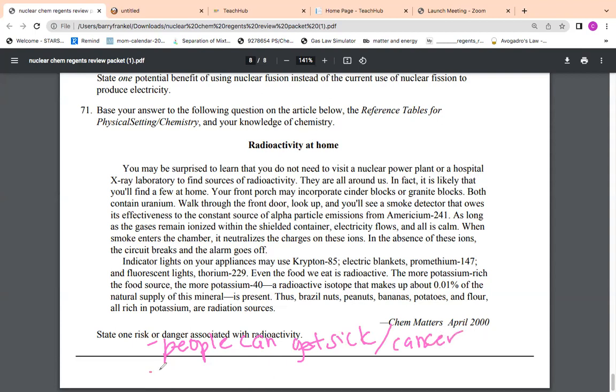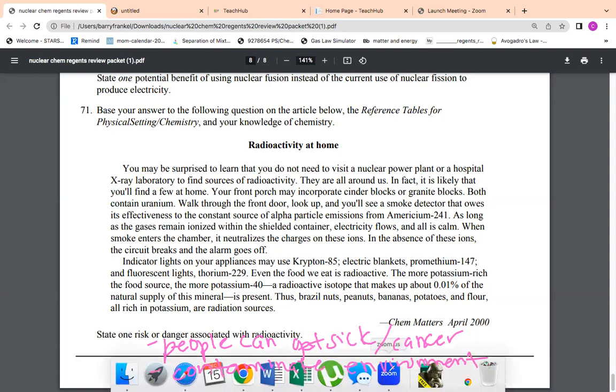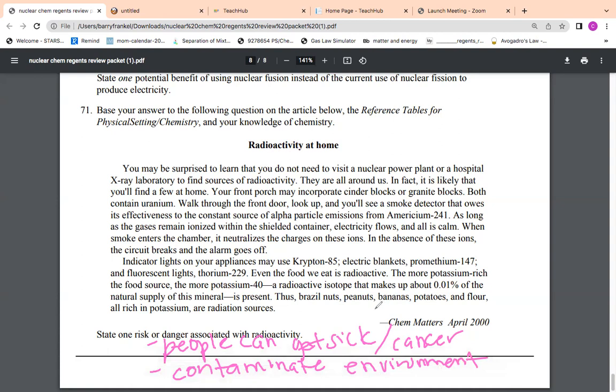Also, you can contaminate the environment, which you don't want to do. You can contaminate an environment or an ecosystem, and these are not things that you want to do. These are both risks of any sort of radioactivity.